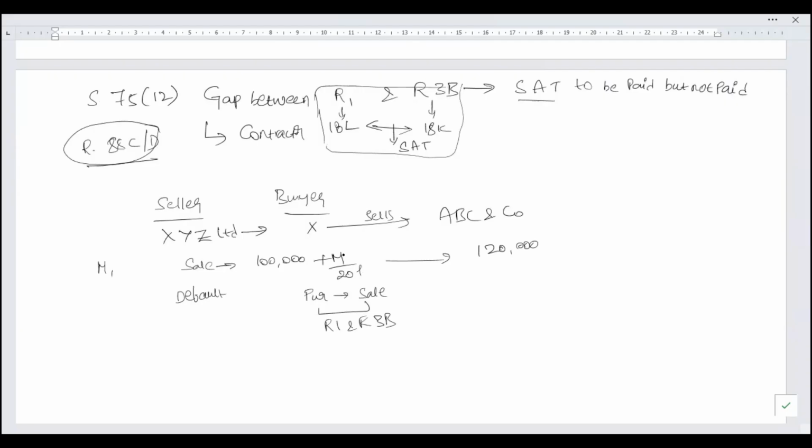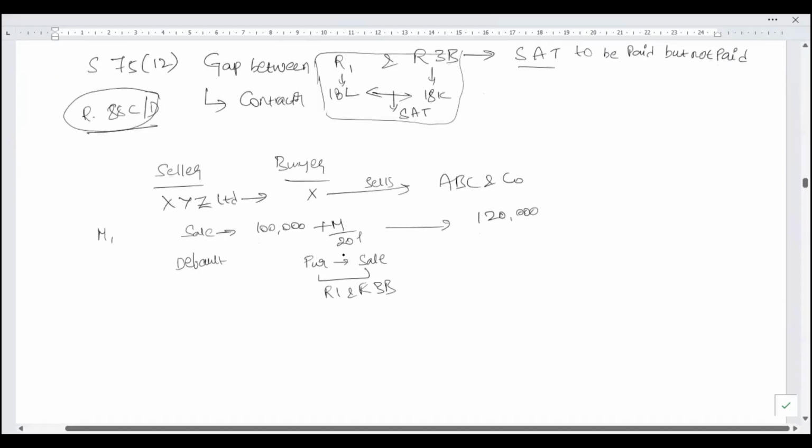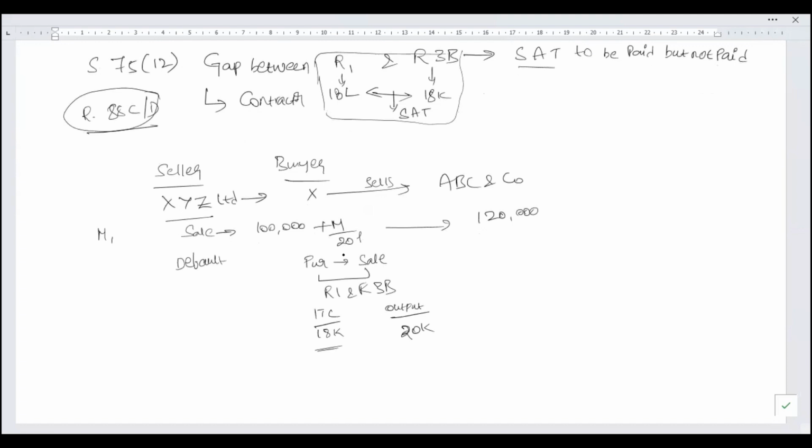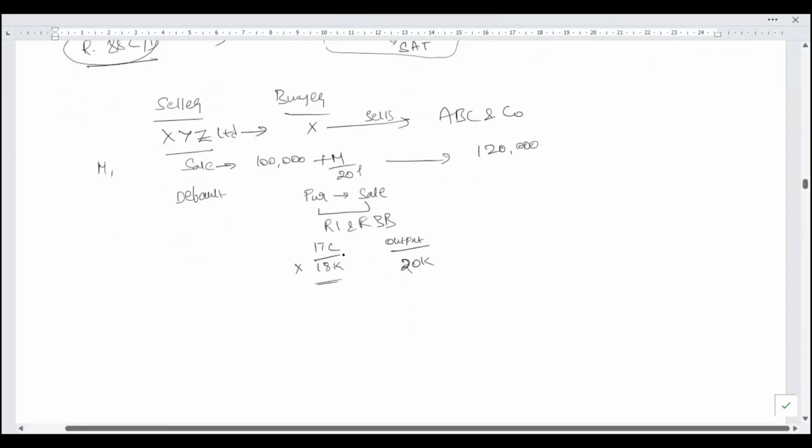Now, if you look at X's position, he has an ITC of, let's assume, 18,000, and he has an output tax of, say, 20,000. This is the position. Now, to pay this output tax, this input tax credit of 18,000 is required. Because there is a default by XYZ Limited, there is no input tax credit available over here to this particular gentleman.